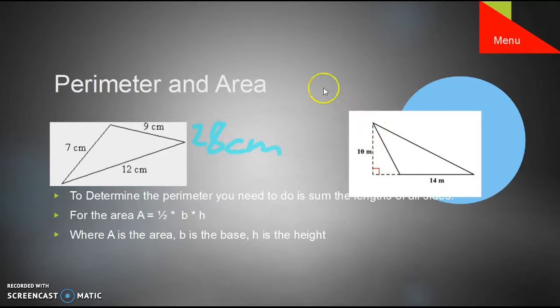So it has a height of 10, and a base of 14. Divide all of it by 2. So you get 70 meters squared. That's the area of that triangle.